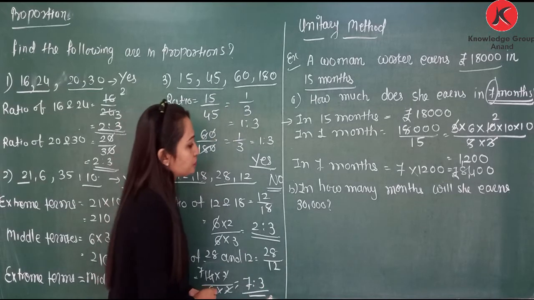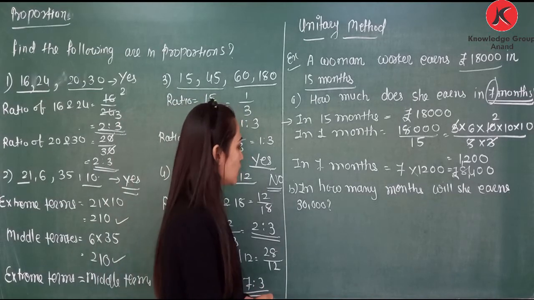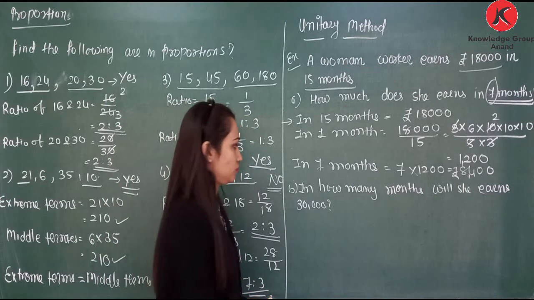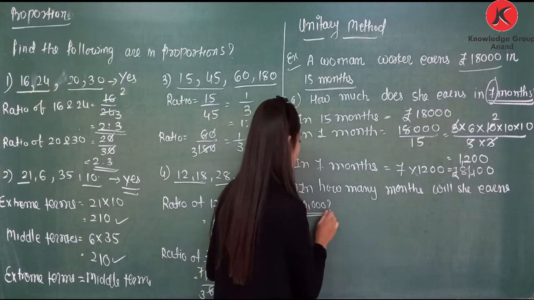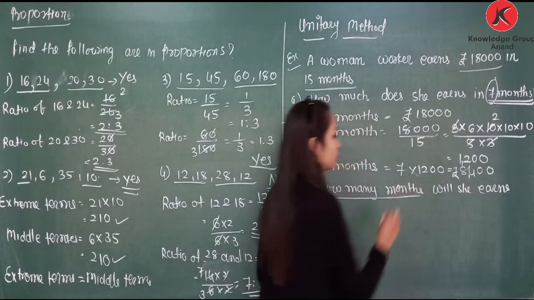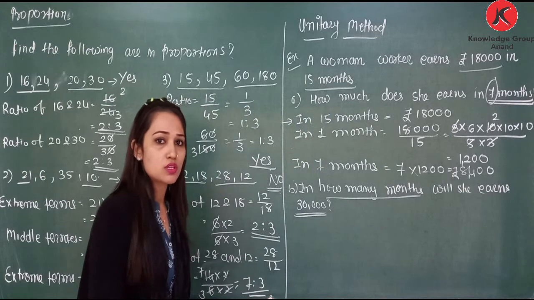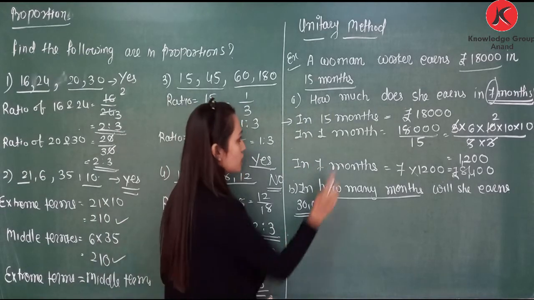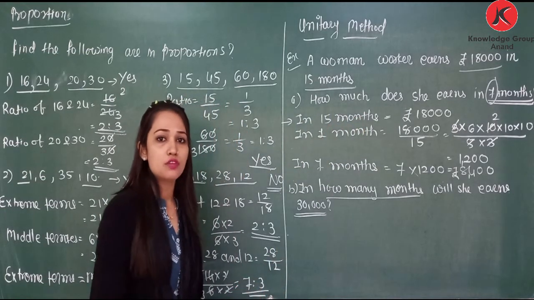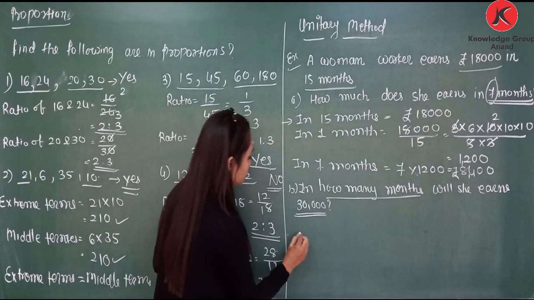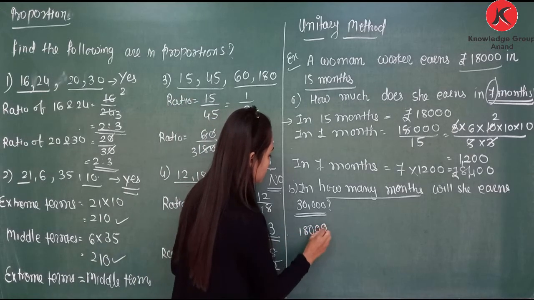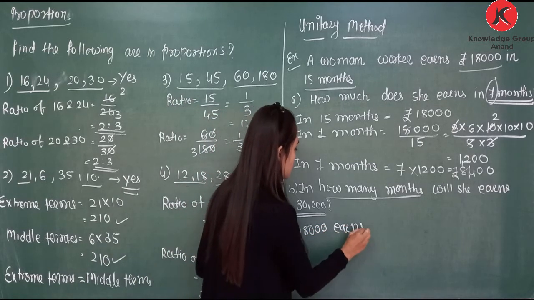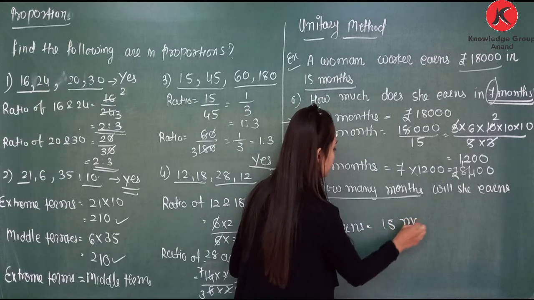Now next one. In how many months will she earn 30,000? So first we take 18,000 earned in 15 months.